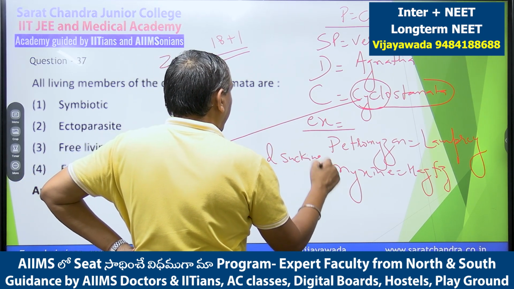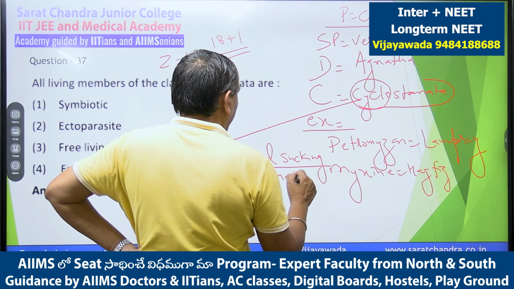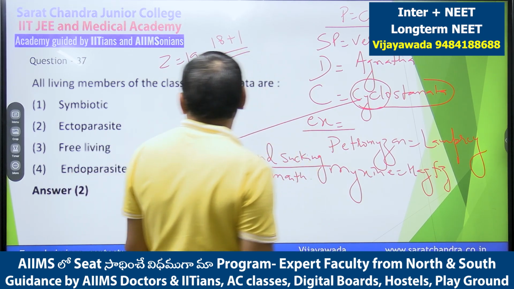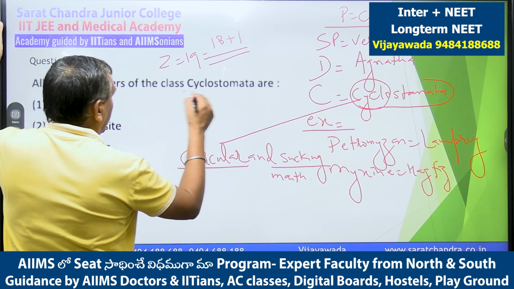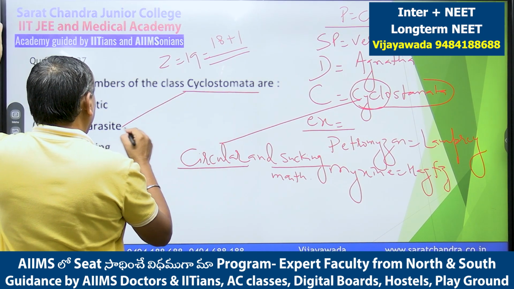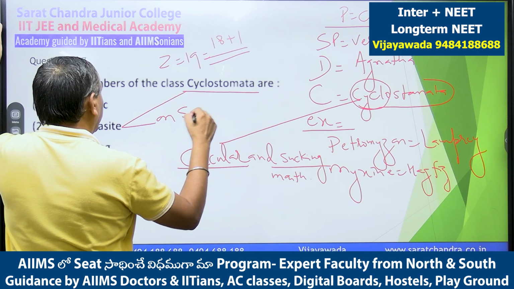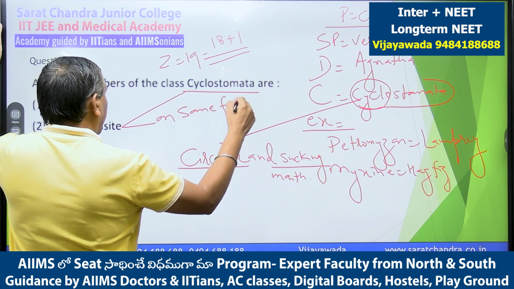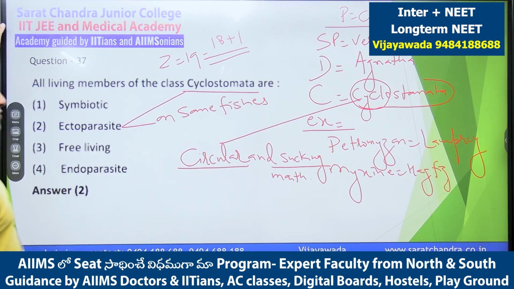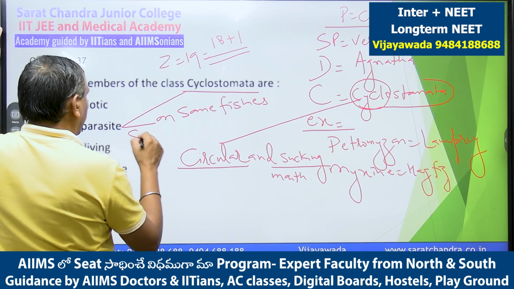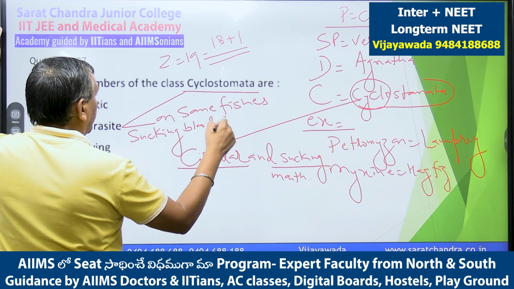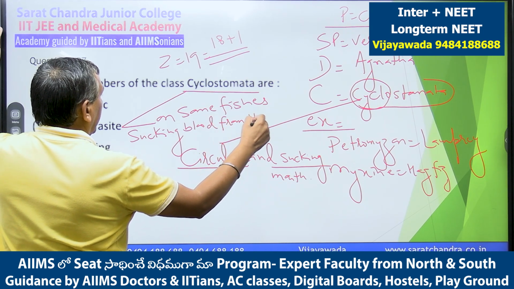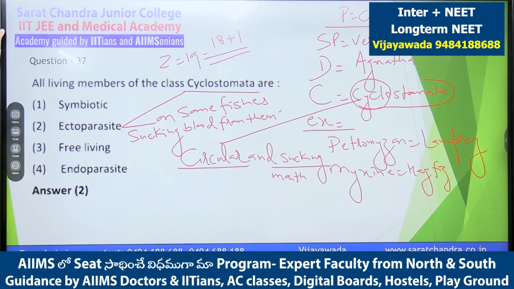So why do they have a sucking mouth? Because most of the living members of class Cyclostomata are ectoparasites on some fishes and suck blood from them.